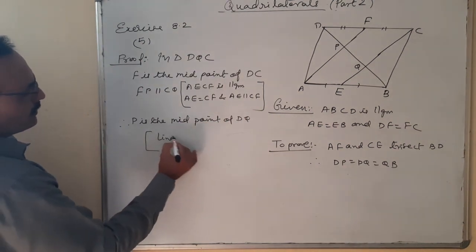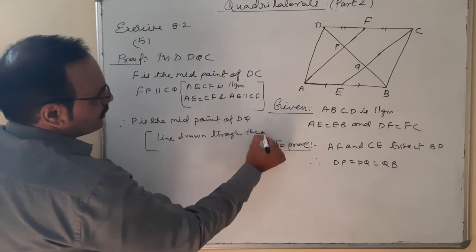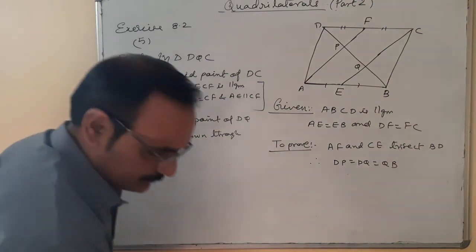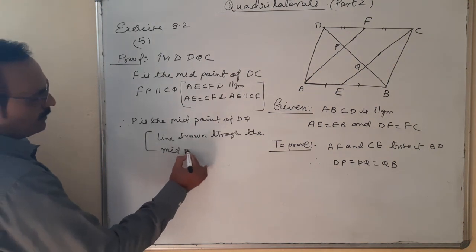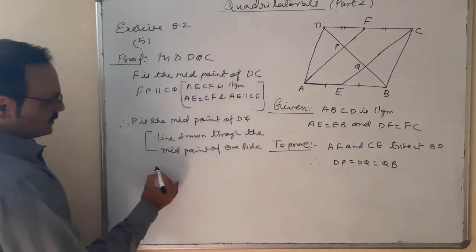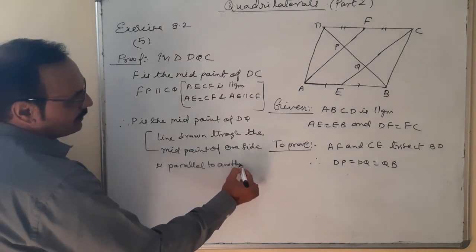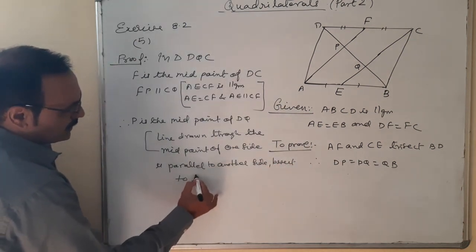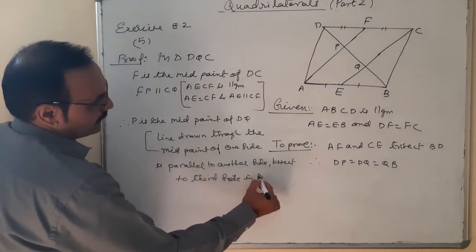Because a line drawn through the midpoint of one side, parallel to another side, bisects the third side in a triangle.